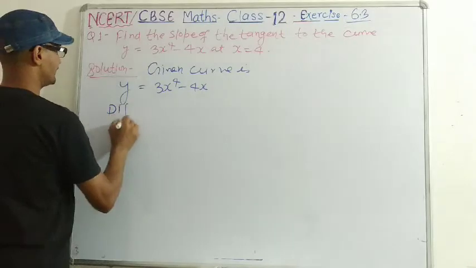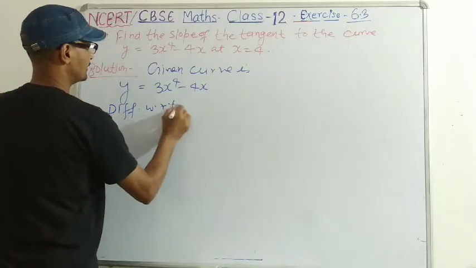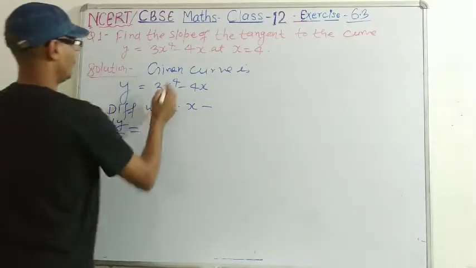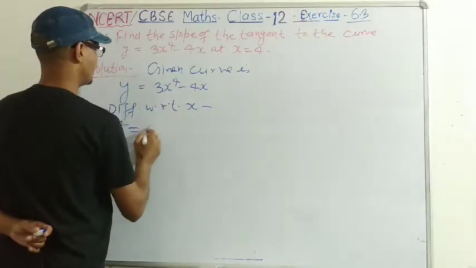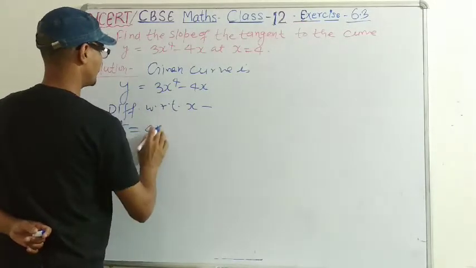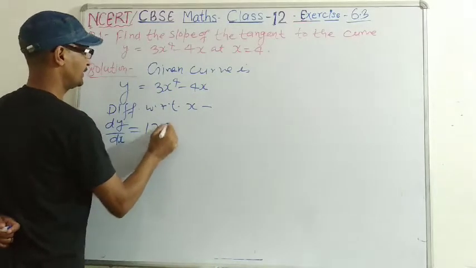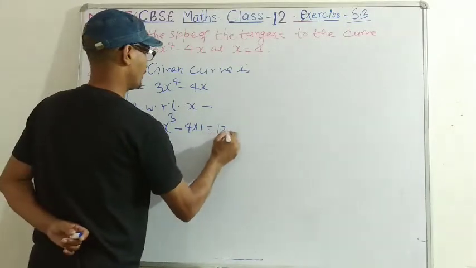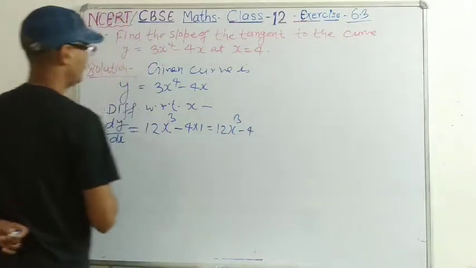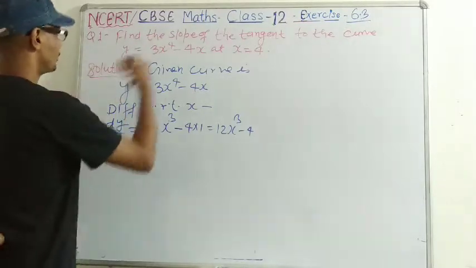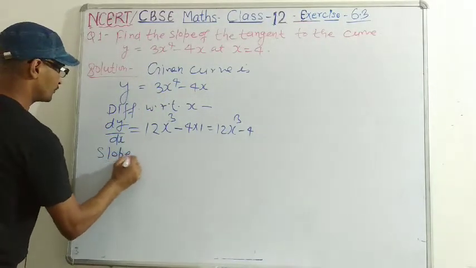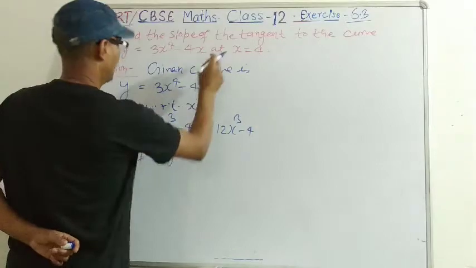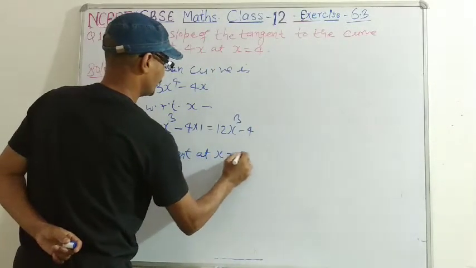So differentiating both sides with respect to x, it becomes dy by dx equals, 4 times 3 is 12, so 12x cube minus 4 into 1, so it is 12x cube minus 4. dy by dx is the slope of the tangent, at x is equal to 4.